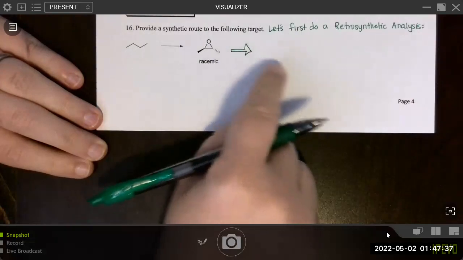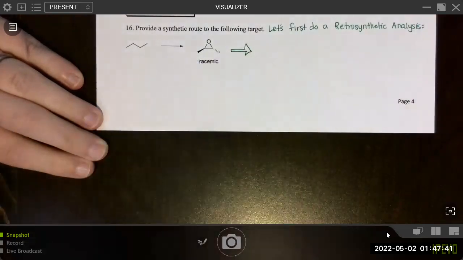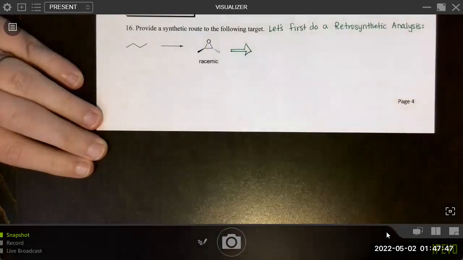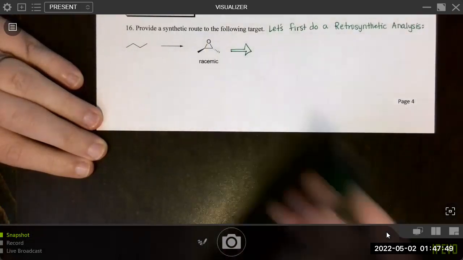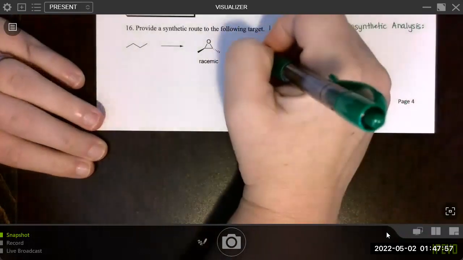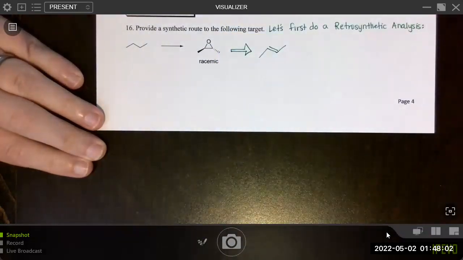So that's the forward direction, right? We would use MCPBA from the alkene to get the epoxide. So looking at the relative positioning here, we know that this is undergoing syn addition, which means that these have the same relative positioning as the alkene. So these are going to be starting from a trans alkene. We want to make sure to draw that and not the cis alkene.